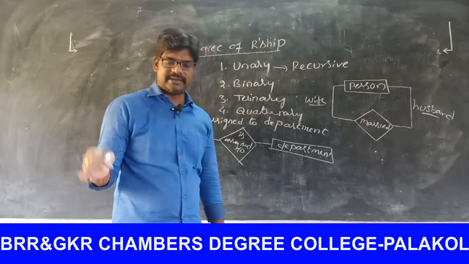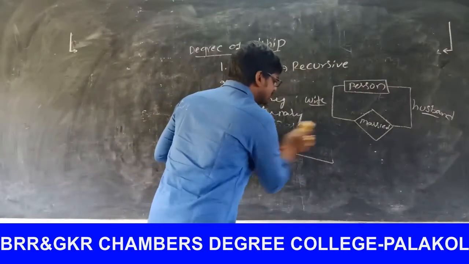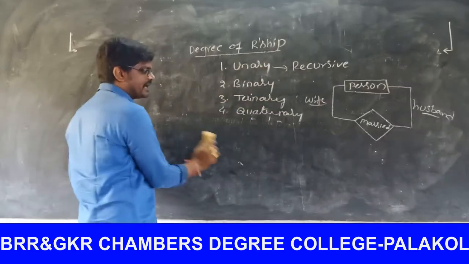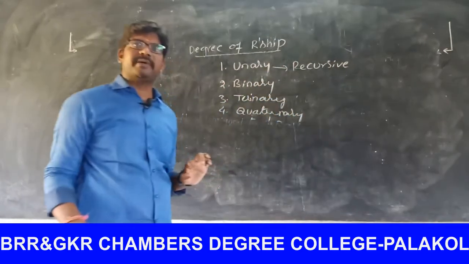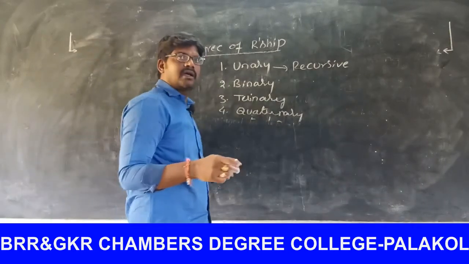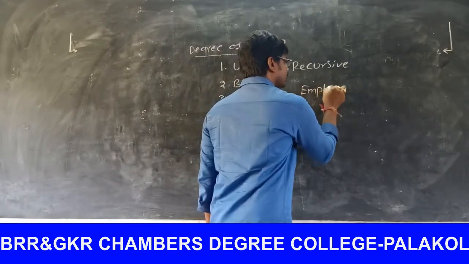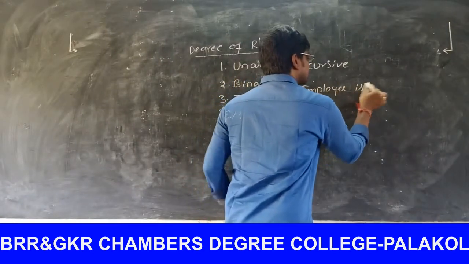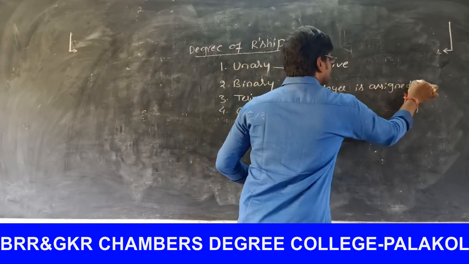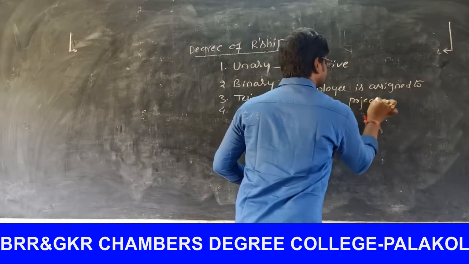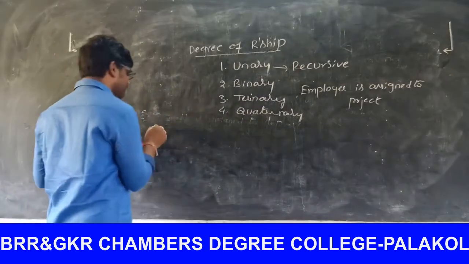Okay, next one, ternary. So what is ternary relationship? Here, three entities are participated in a relationship. We call it as a ternary relationship. Three entities are participated. For example, employee is assigned to project. Employee is assigned to a project. Here three entities are participating.